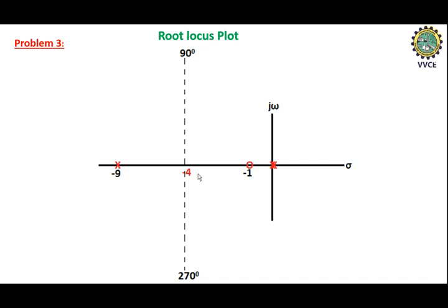In this direction, the root locus branch should move. Next, which are the breakaway points? -3 is the breakaway point. Before that, we already know that this is a pole. The pole is a starting point and the zero is the ending point. So already these two make a finite branch of the root locus.